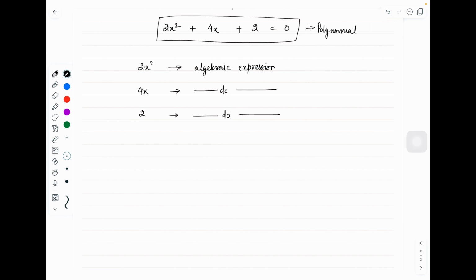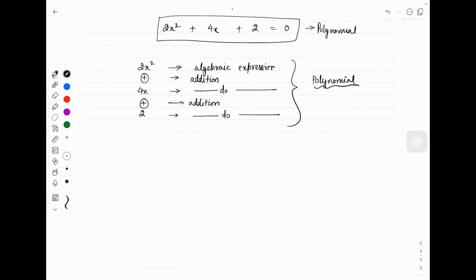So we are performing the operation of addition. This thing is a polynomial.